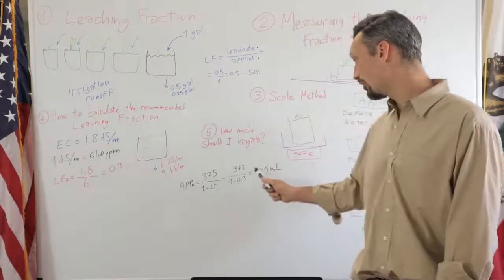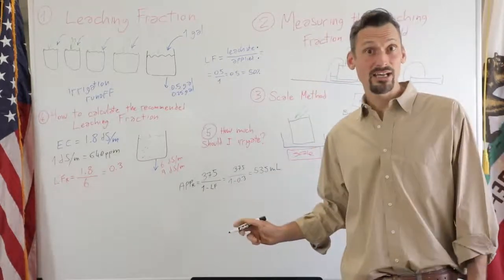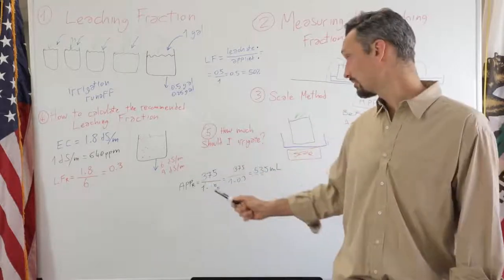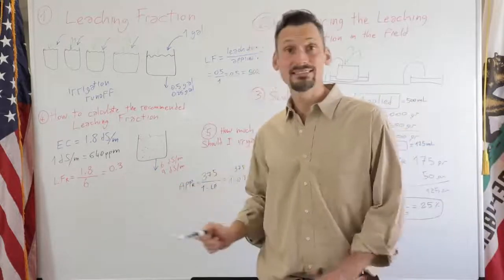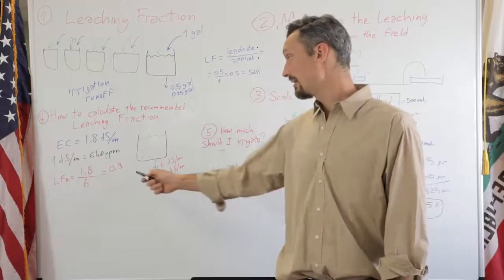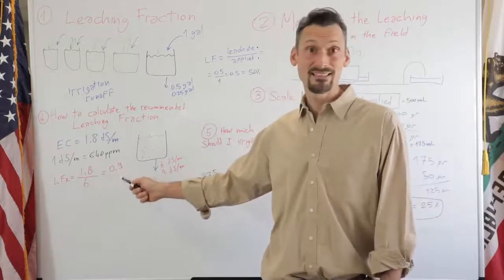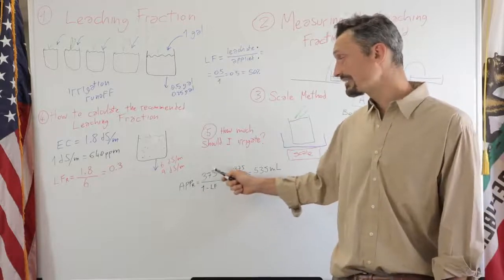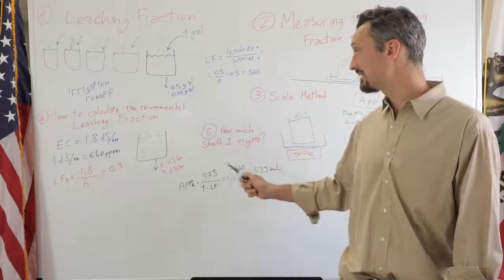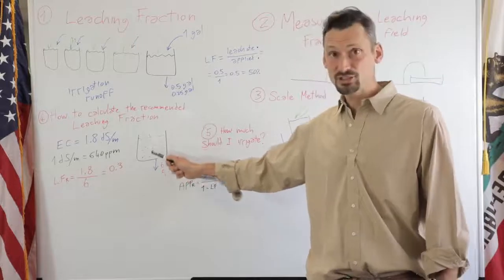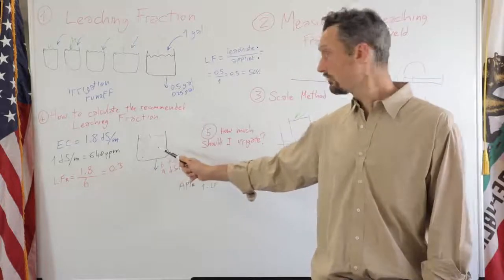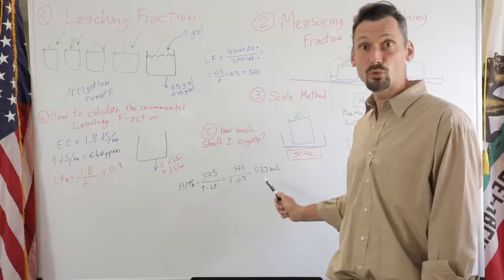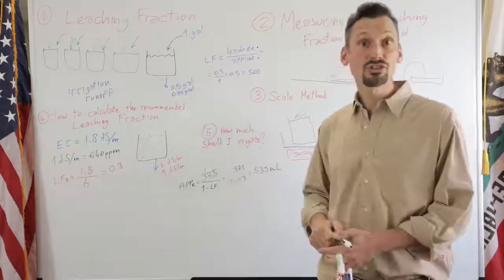That is the volume of water that I would have to apply to my container in order to achieve this 30% leaching fraction. Again, notice that 375 milliliters is the volume that my substrate can hold, but I apply a little bit more water in order to leach my salts.